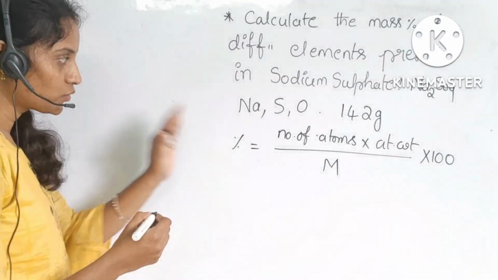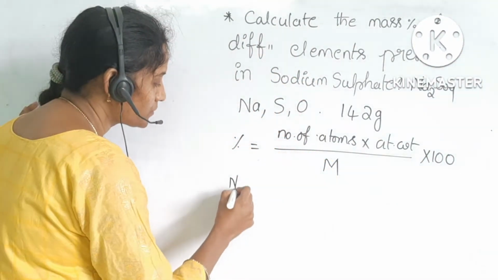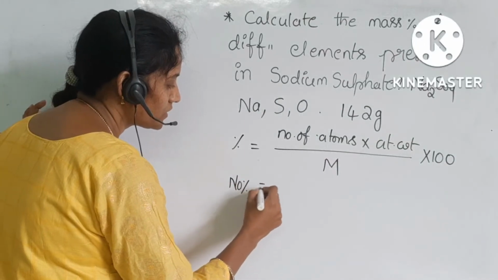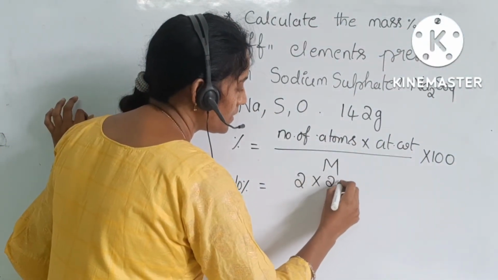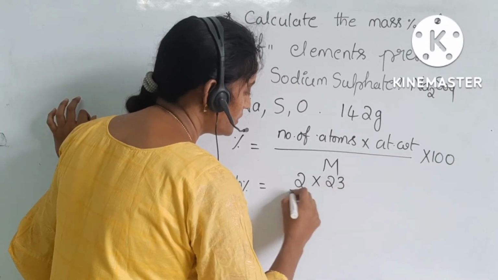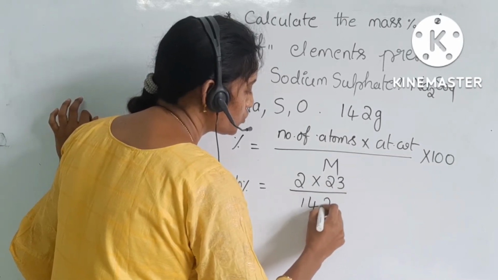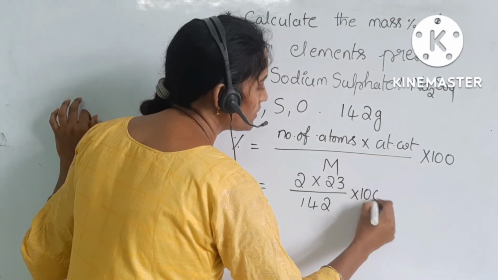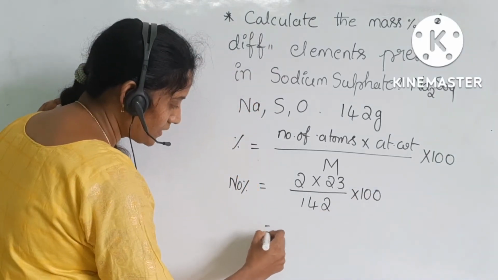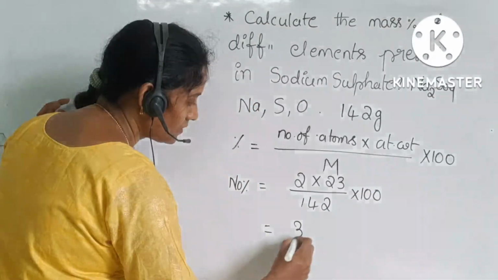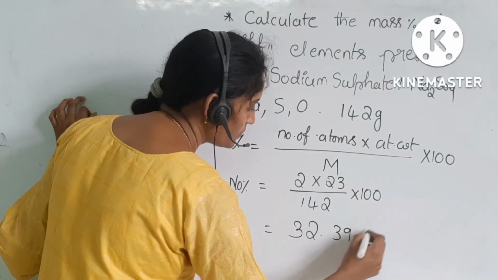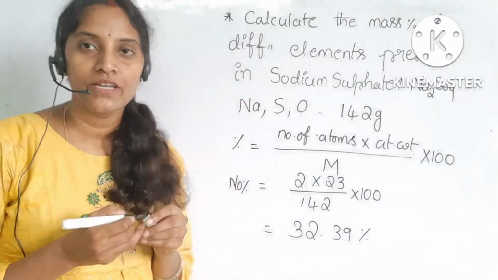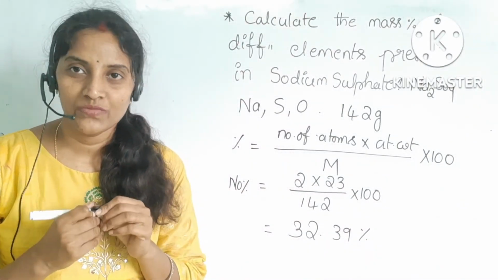Now coming to the calculation of mass percentage for the sodium. 2 sodium atoms are here and its atomic mass is 23 upon 142 into 100. If you calculate this, you will get 32.39 percent of sodium present in the sodium sulfate.